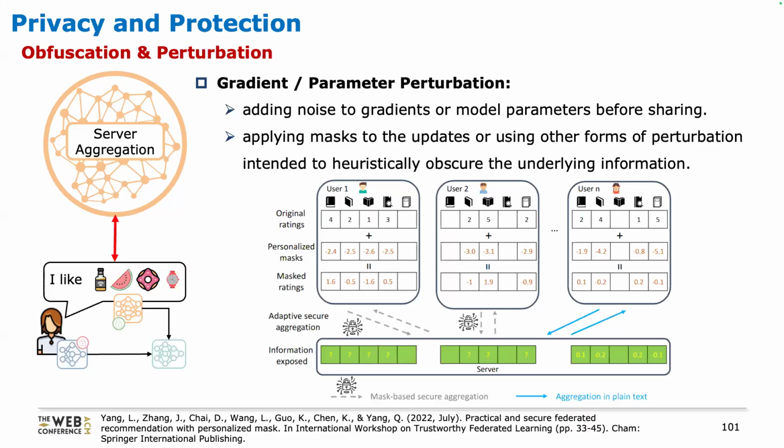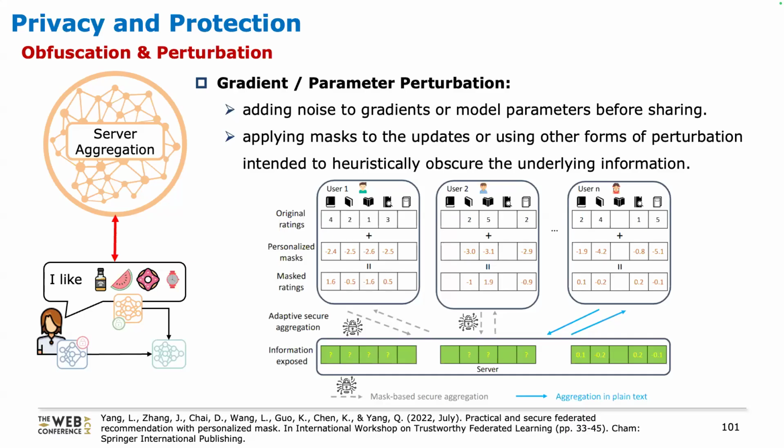Here, each user generates a personalized mask vector and adds it to their true updates. Here, we denote it by ratings, and sends only the masked values. During aggregation, those masks cancel out, so the server still recovers the correct sum, yet it never sees any single user's unmasked raw data.